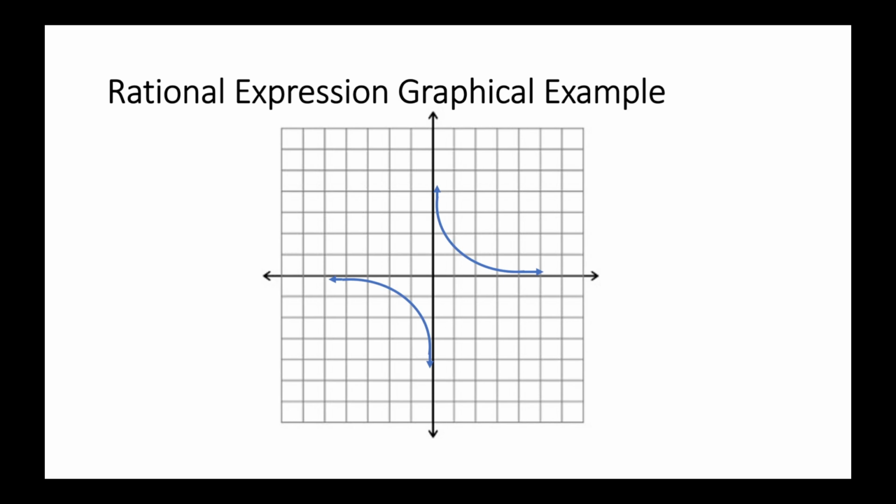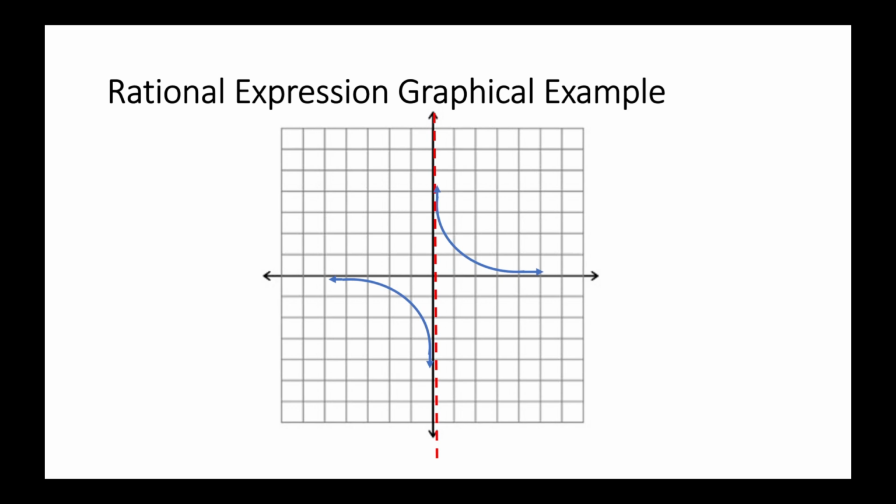Okay, here's an example of what a rational expression or rational equation graph would look like. Often they have these weird shapes, and they look like they are not touching or barely touching a certain part of the graph. And the reason why is based on a series of parts of these graphs, which we'll go into.